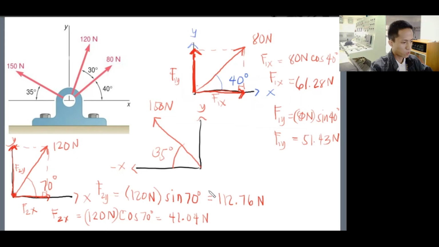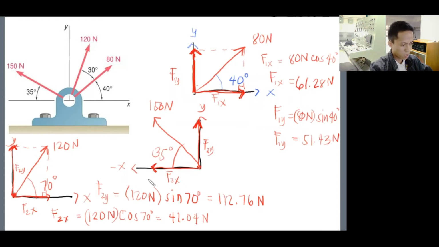sa 150 newtons. Now, here, from tail, palabas lang siya. So, we have here, let's say, F of 3x. Then, yung kanyang y component, here, this is your F of 3y. Now, dito, kitang-kita natin that ang ating x component is negative.